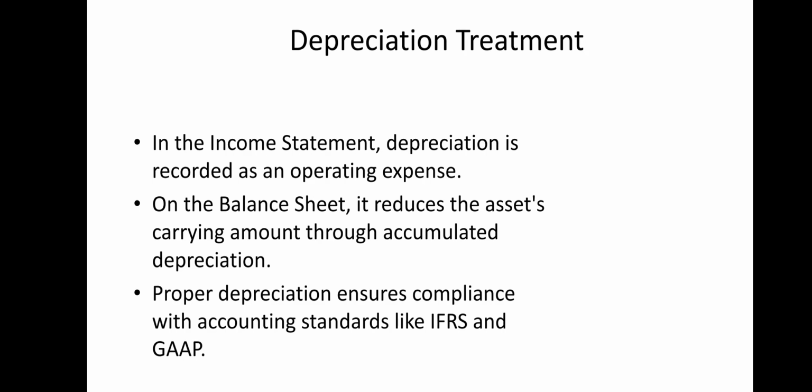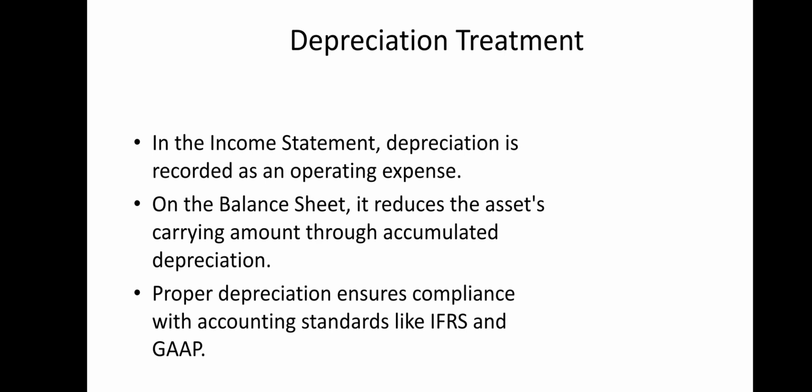So how do we treat these depreciations? Where does it appear in accounting? Well, in the income statement, depreciation is recorded as an operating expense, and on the balance sheet it reduces the asset carrying amount through accumulated depreciation.